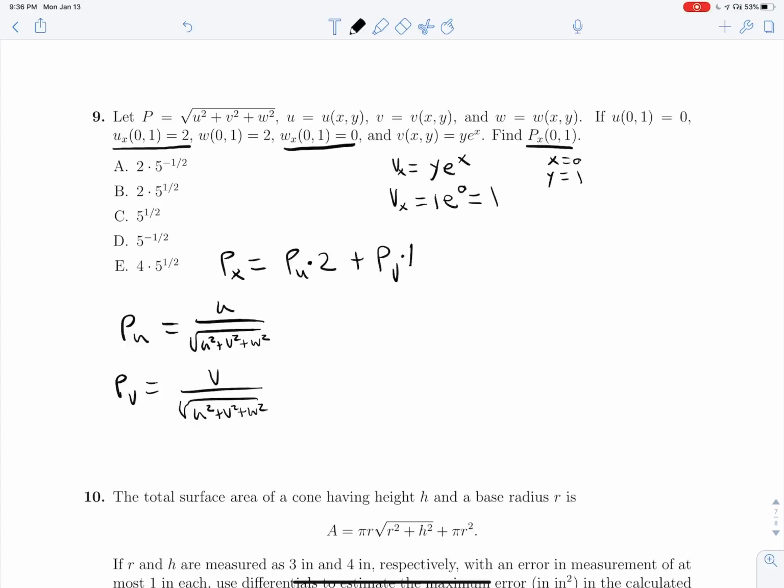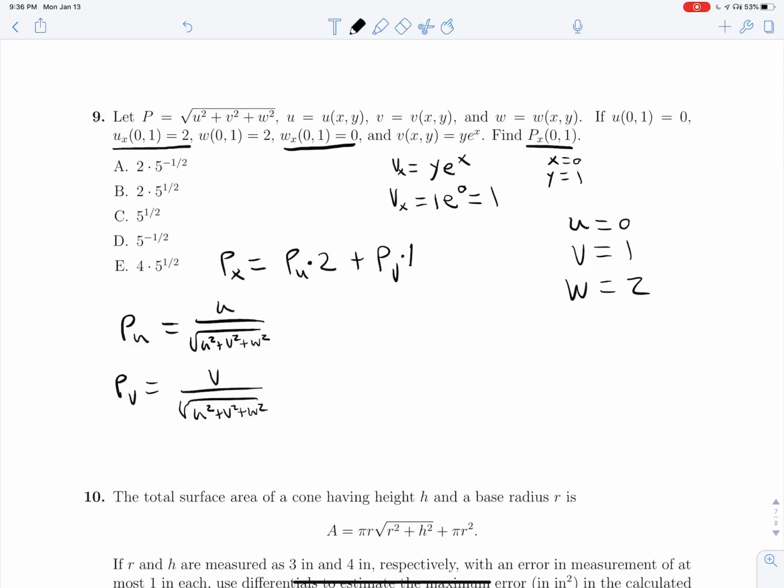And we have our values for these. U is equal to 0 when x and y are equal to 0 and 1. V is, well, y e to the x, which we already said is just 1. V is equal to 1. And w is equal to 2.